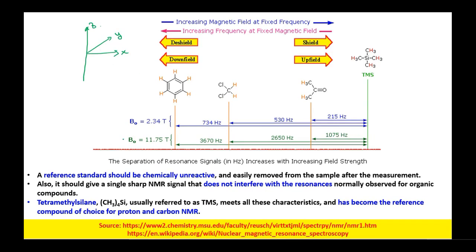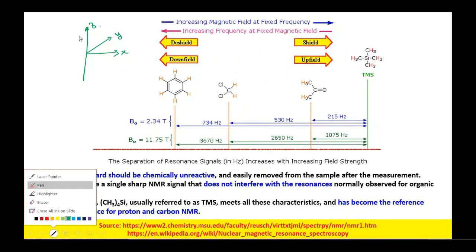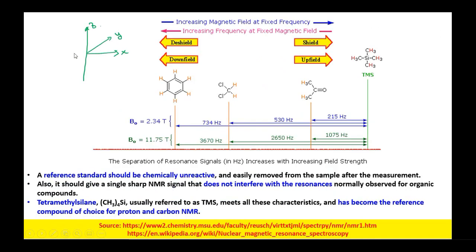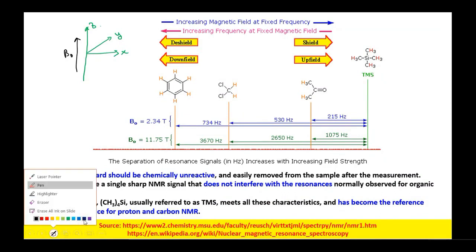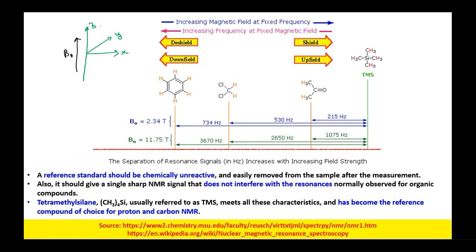So there is a 3D plane, okay, and we are applying B0 in the direction of Z. Now, as I told you, if you are talking about this alpha direction, it would be something like this, the net magnetization vector.